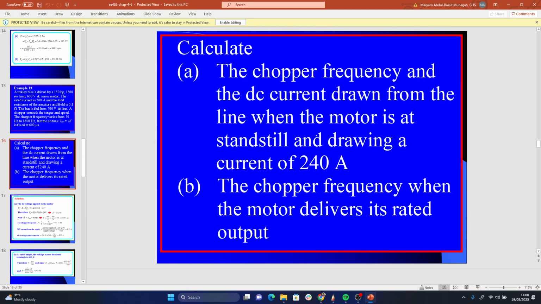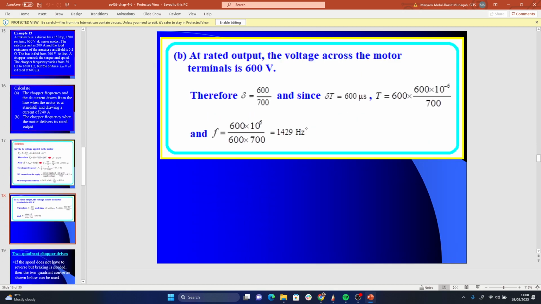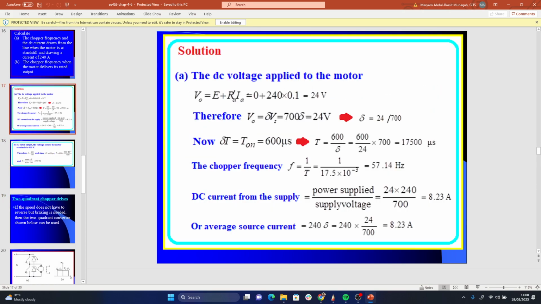Okay, so for each of them, you have to find the frequency and the power, right? Let's see. Because it's at standstill, it means my E is 0. E is 0, so let me find my output voltage, 24 volts.